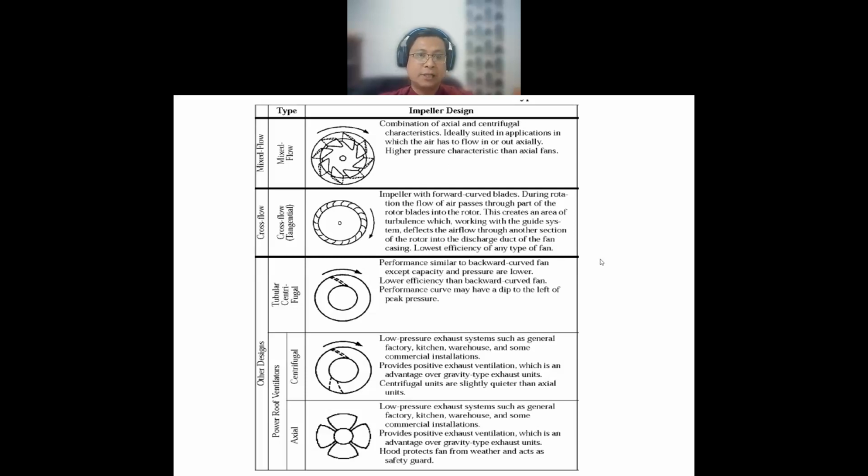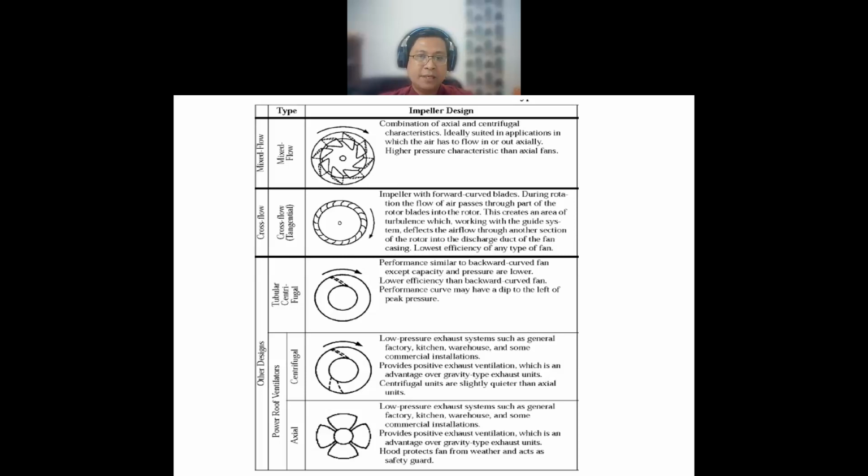Okay, this one is good. Then we go to the cross flow centrifugal. Impeller with forward curved blades; during rotation, air flows through a part of the rotor blades into the rotor, with a discrete area of turbulence, which works with the guide system to deflect the airflow through another section of the rotor into the discharge duct of the fan casing. Lowest efficiency of any type of fan.